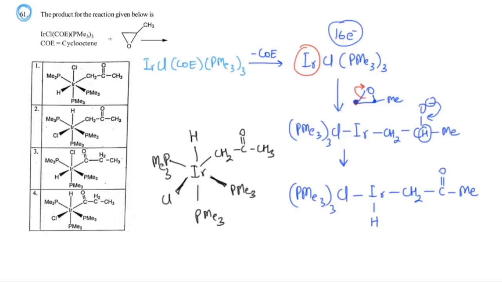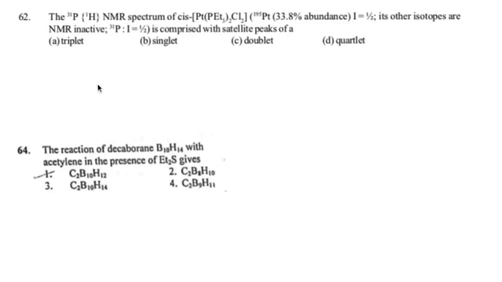So among the directly attached groups, chlorine will be directly attached, 3 PMe3 groups will be attached, one hydrogen will be attached, and this particular group will be attached. That is only possible in option number 2. So that's how this reaction will take place, and option number 2 will be the correct option. Fine. Let's take on the other questions and see how they will be solved.